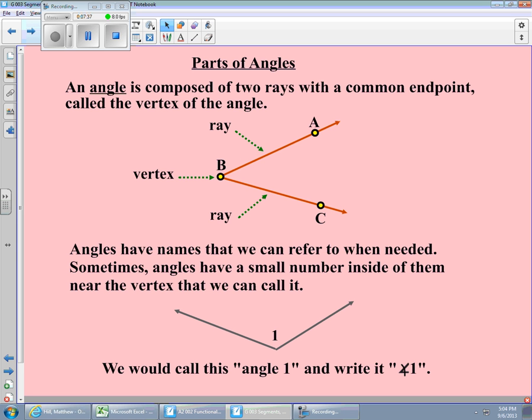Well, how do measurements usually get written down when they show up inside of angles? With degree markers. Our angles are marked with degrees, 46 degrees, 122 degrees. Does this one have a little degree sign with it? No, it doesn't. So if it doesn't have that, then this must be a name of the angle that we can refer to.